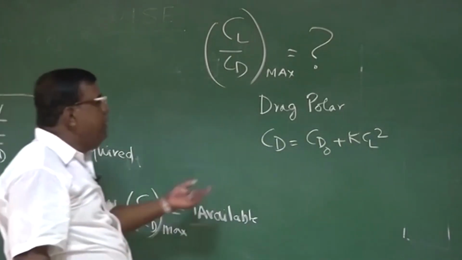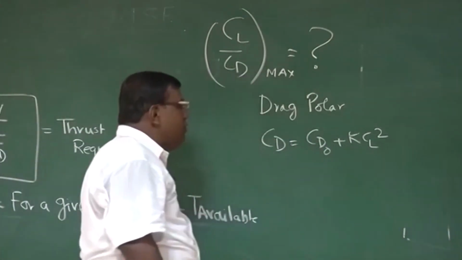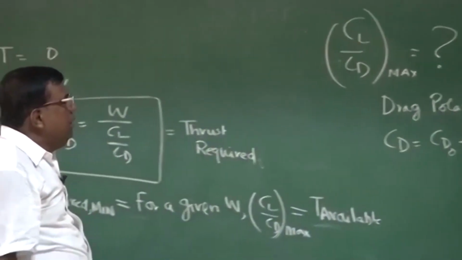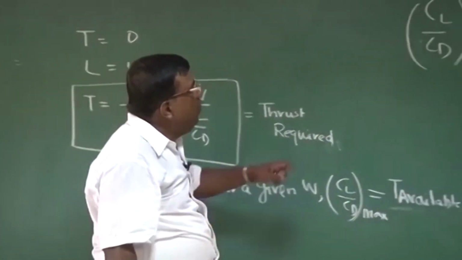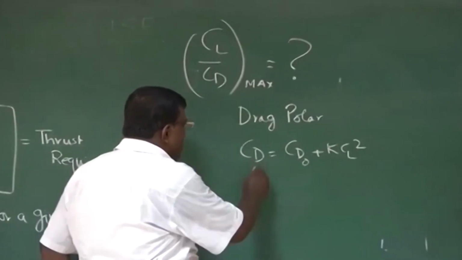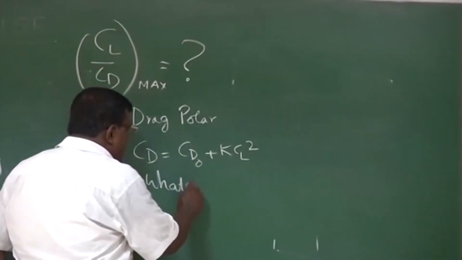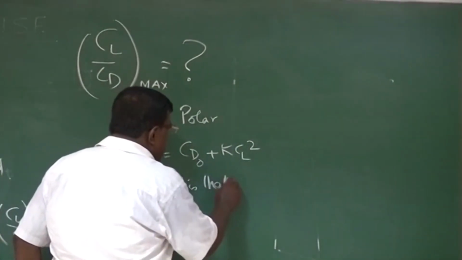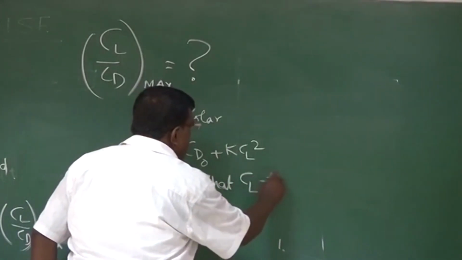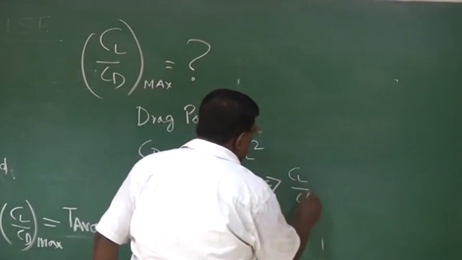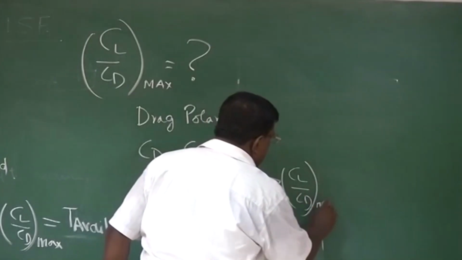Mostly you'll find this will be almost an exact representation. The question is, what is that CL which will ensure CL by CD is maximum?